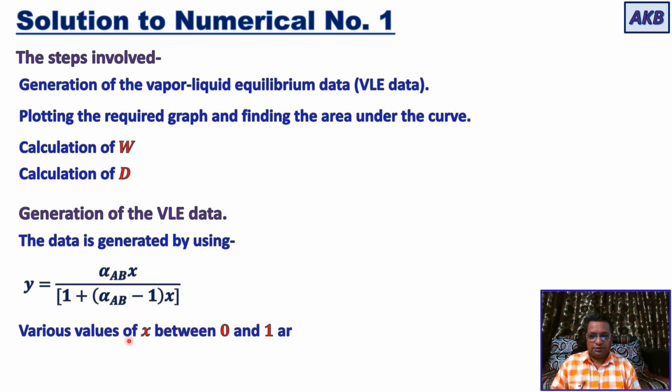What we are going to do is select different values of x, those values that lie between 0 and 1. Now why 0 and 1? Because x being mole fraction, it can have a minimum value of 0 and a maximum value of 1. It cannot be less than 0 and more than 1.